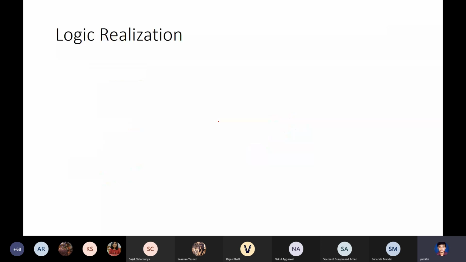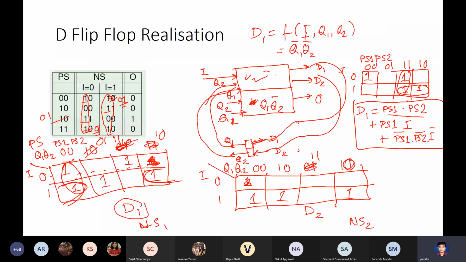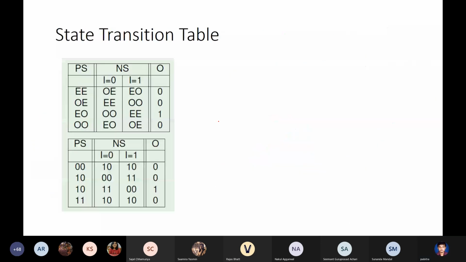Note that since it is a Moore machine, I do not have output for every input. So this implicitly means that this is 0 and this is also 0. This is 1 and this is 1.